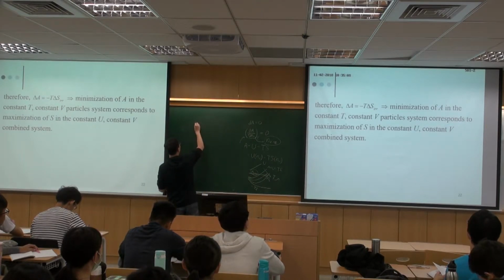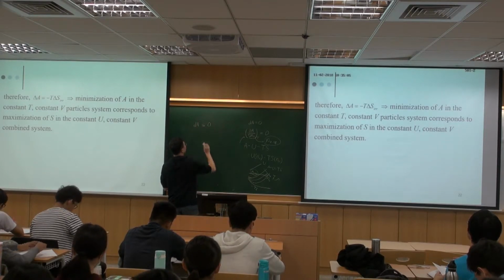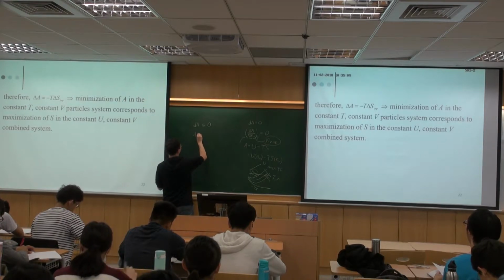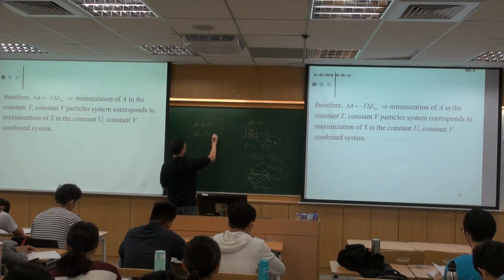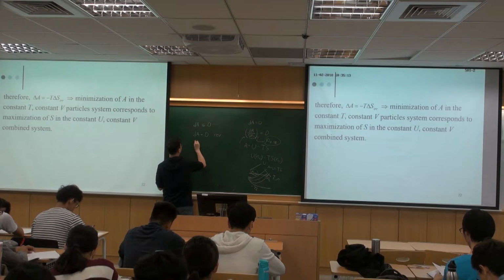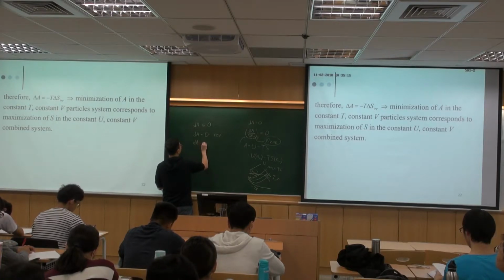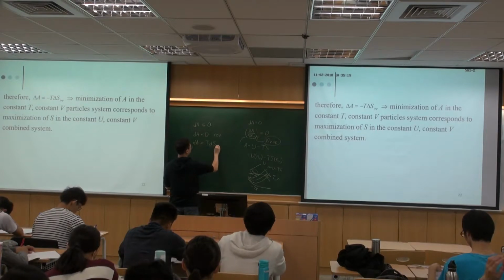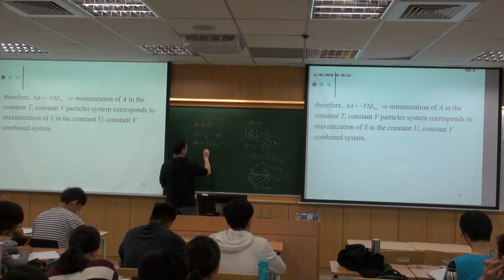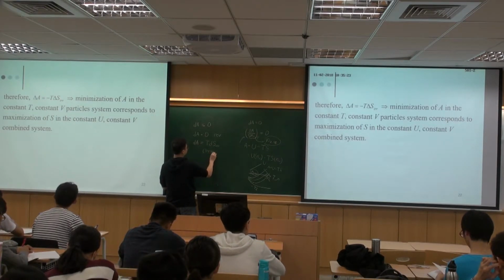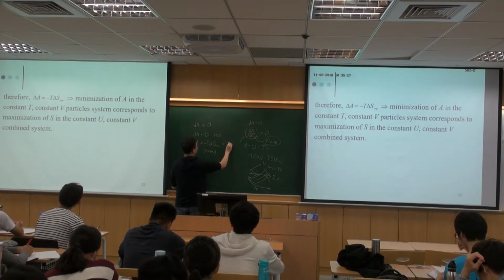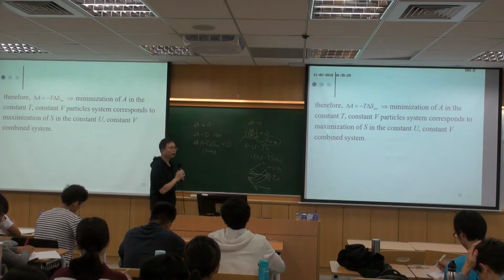So ΔA, or dA, is less than or equal to 0. dA is 0 for a reversible process, and for an irreversible process dA is minus T times dS_irr, so this is less than 0, right?